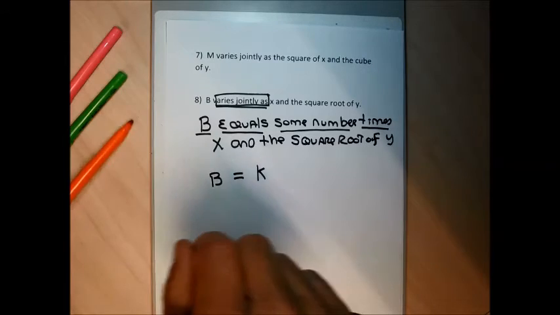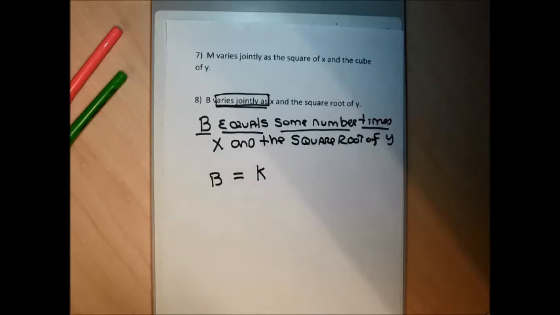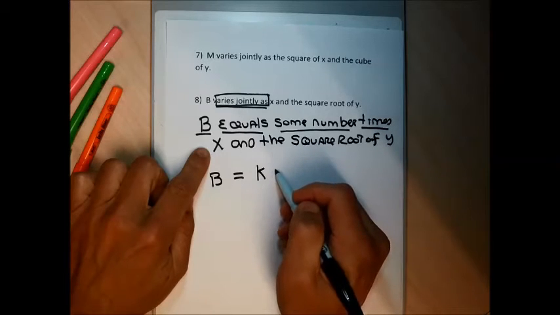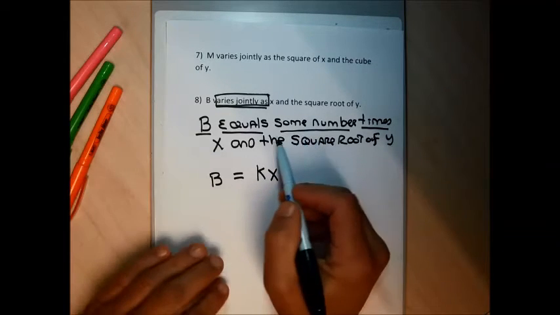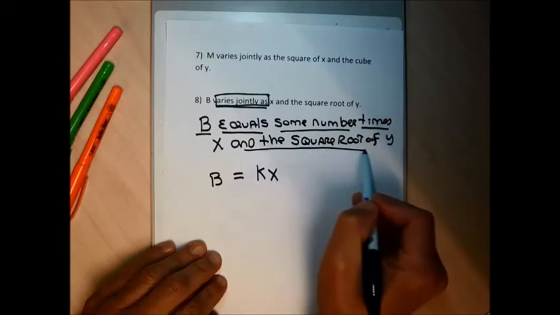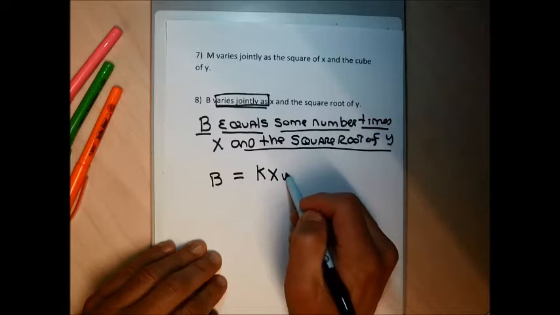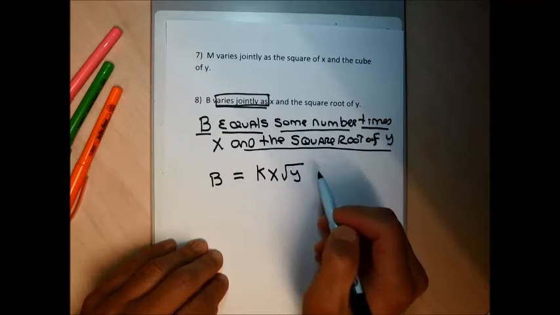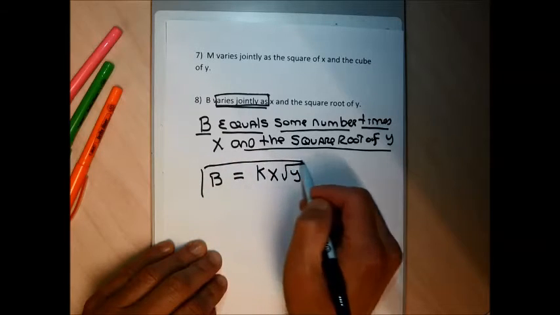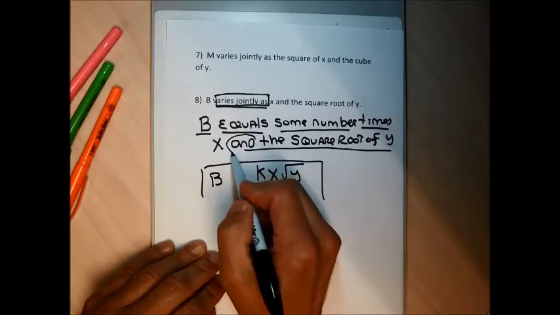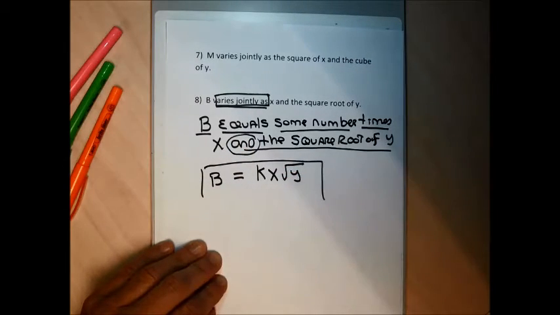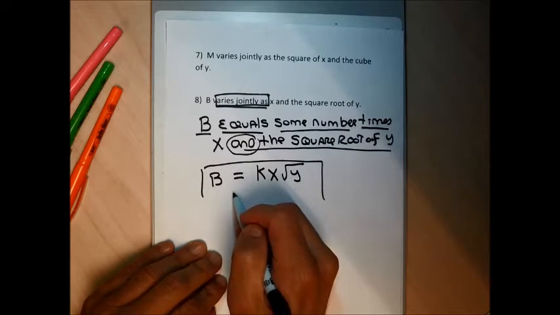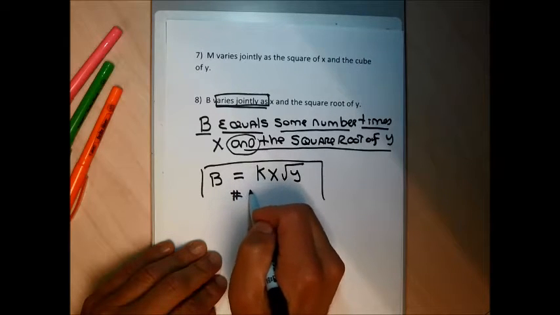There aren't any words preceding x, like square, cube, square root, or cube root. So the x is just going to be a single x to the first power. And then, and the square root of y, the y is going to be under a square root symbol. And that would be perfect for my answer to 8. Here, the word and doesn't mean add, it just means another letter being multiplied.